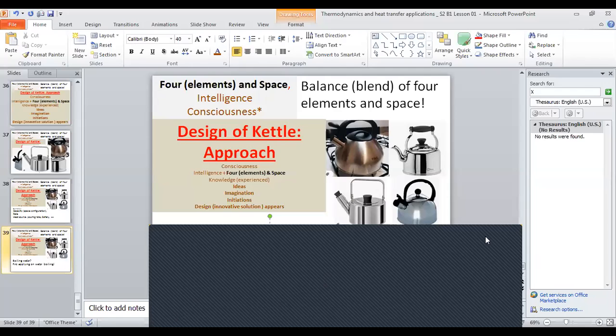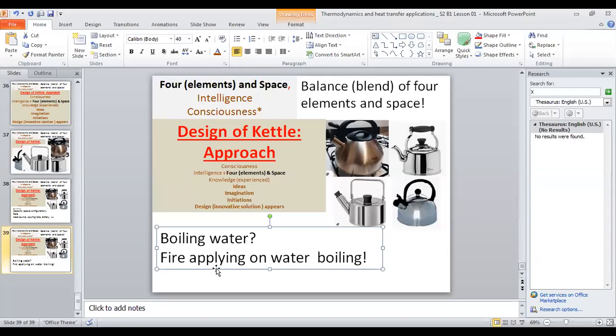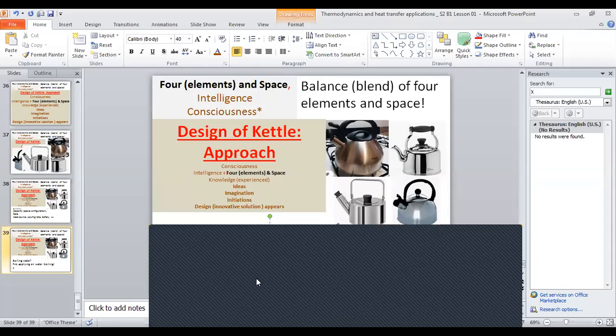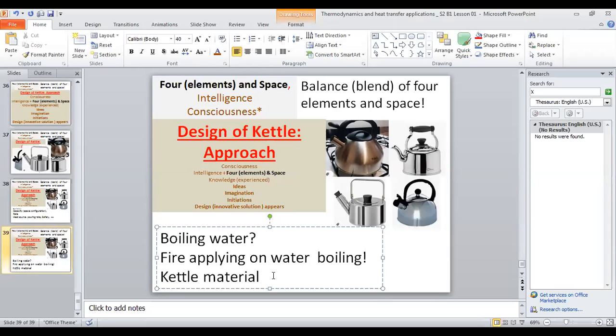That is very important, so you should have an understanding of this: boiling water, fire applying on water boiling, and basically the kettle material, the surface material for the water.